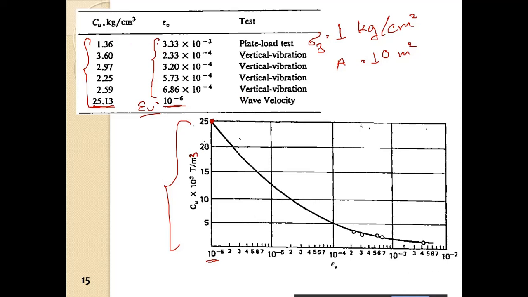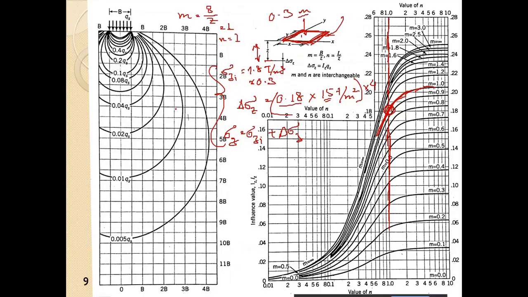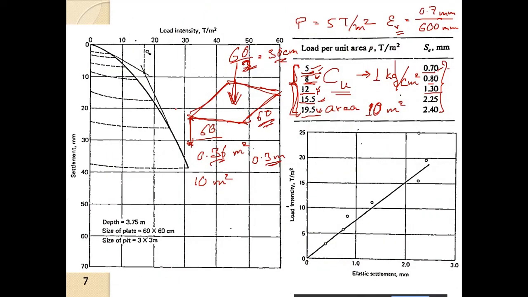Then obviously the other points are also plotted. In the example, 6 points are given and plotted. In the plate load test, it was given 15 ton per meter square and corresponding to that, 2 mm of settlement.